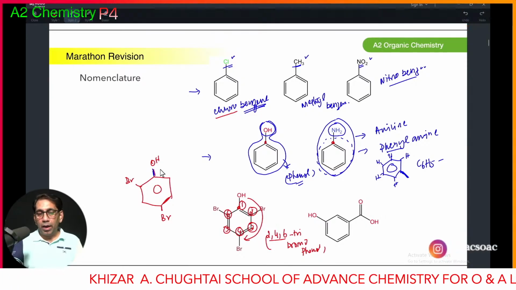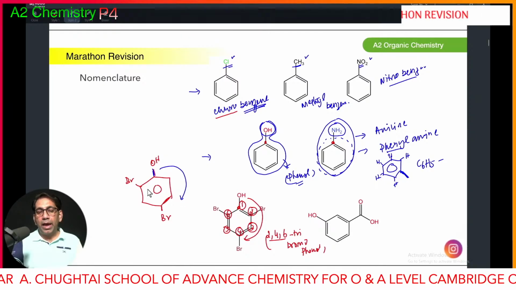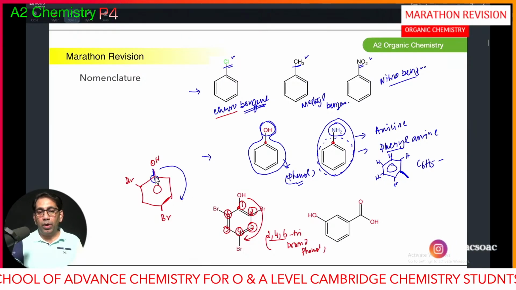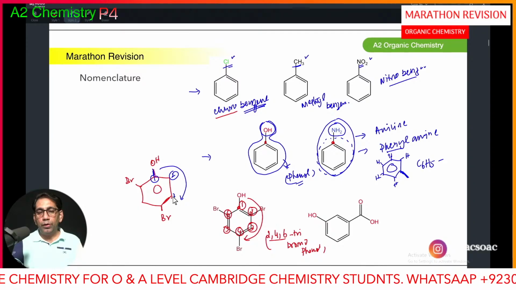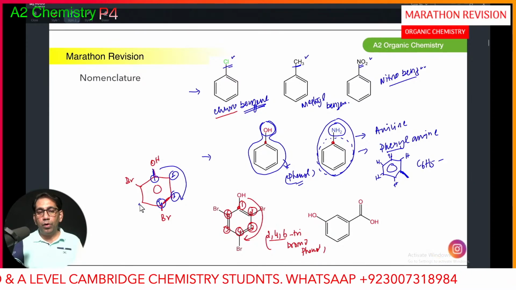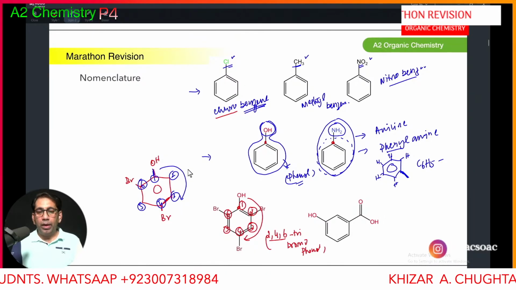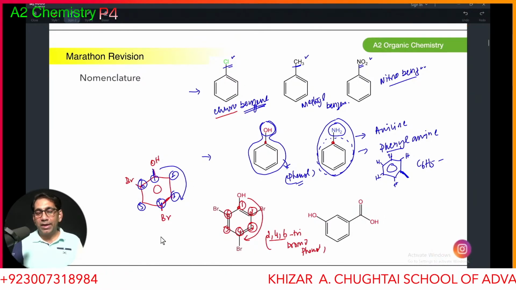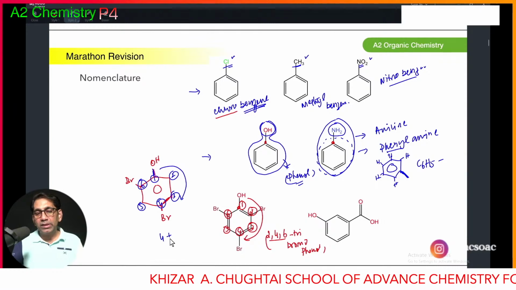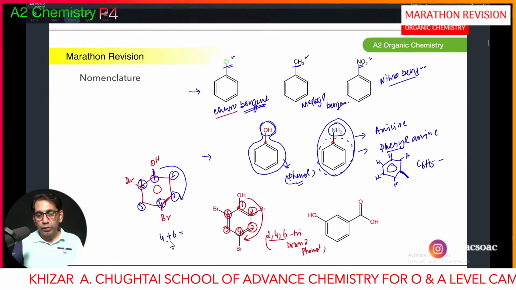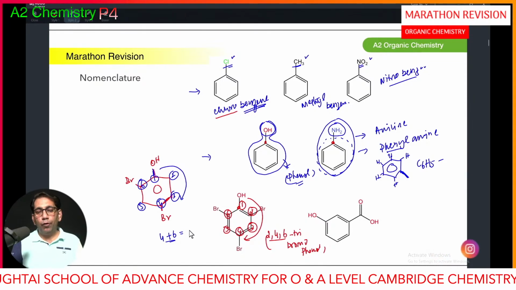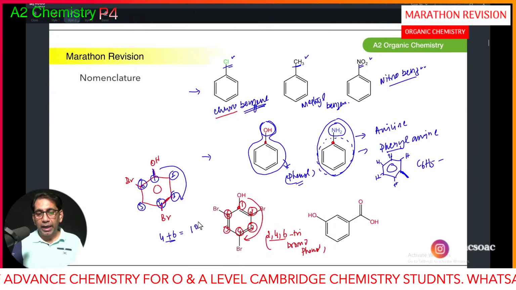Once again, I'm going to start clockwise, and this is carbon number 1, 2, 3, 4, 5, and 6. If I move in this way, there are 2 branches. One is lying at 4, the other one is lying at 6. I'm going to add these 2 numbers: 4 plus 6 is equal to 10.